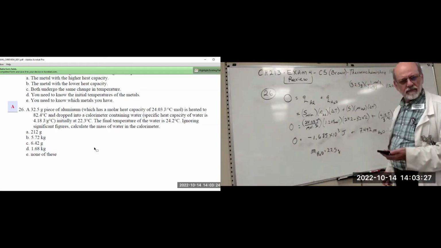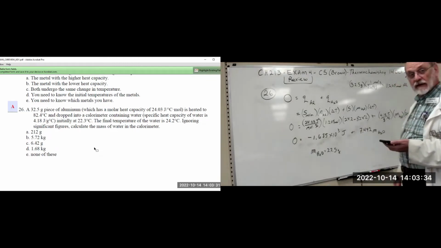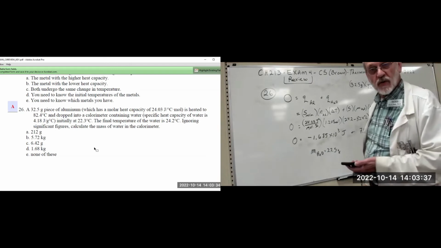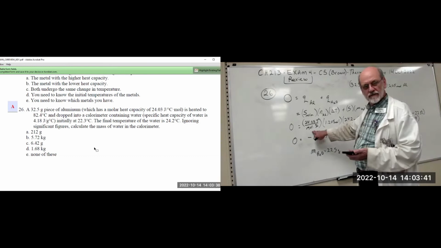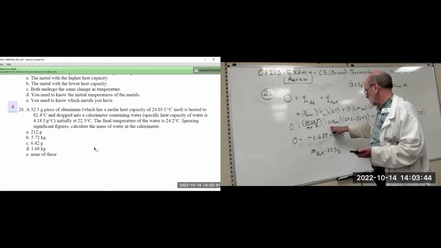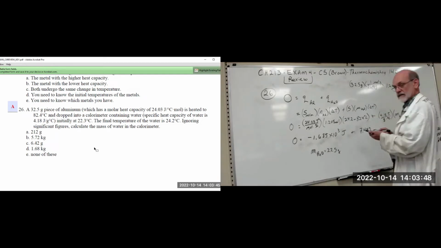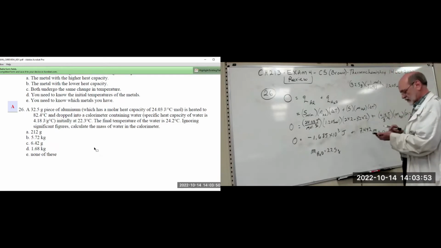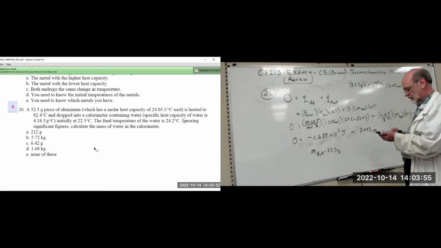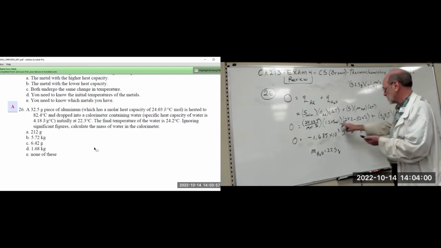And what did I do wrong? Right? It says the answer is 212. Let me check my math. Right? That's right there. Is this right? 32.5 grams of aluminum. Yep. And then divided by 26.98. I know that's right. 1.205. That's right.